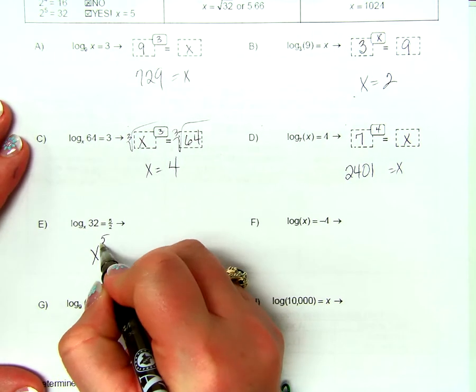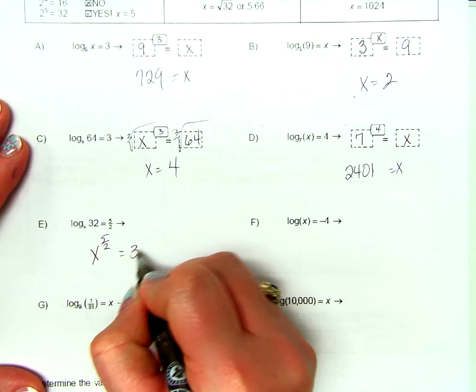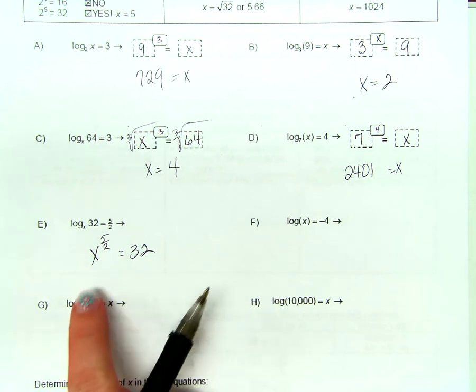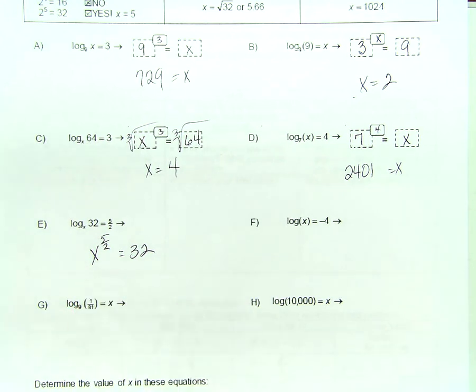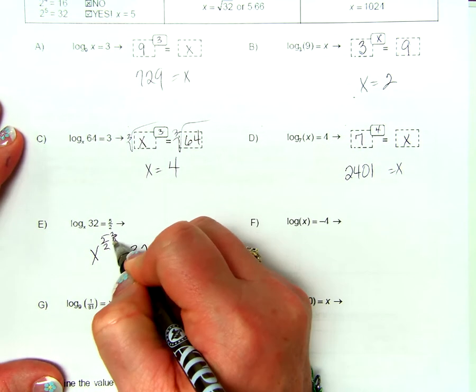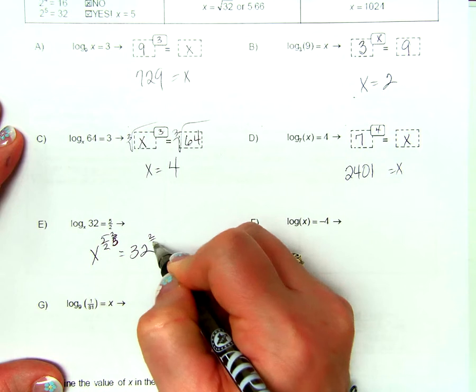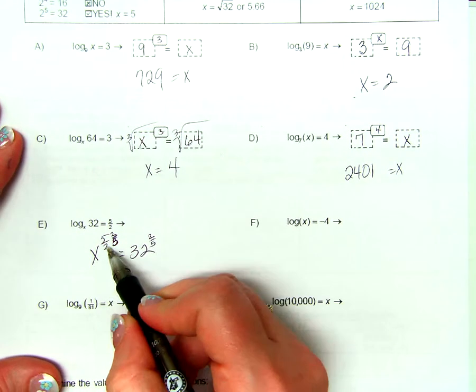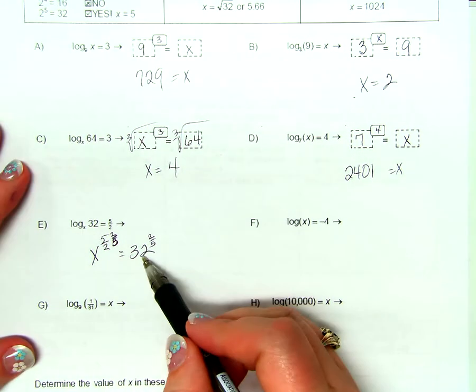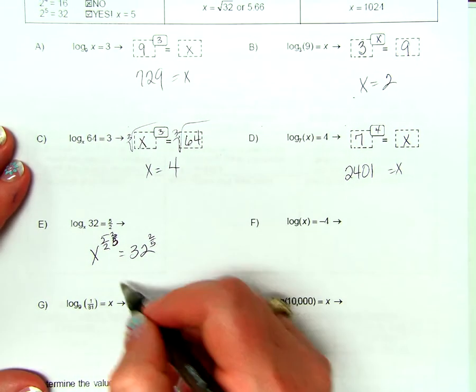X to the 5 halves power equals 32. And I told you just a second ago, this would have been harder, except for the fact that we just got done solving equations like this. We know that we have to multiply both sides by the reciprocal of the exponent on the x. What is 32 to the 2/5 power?